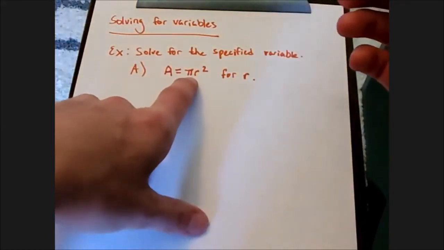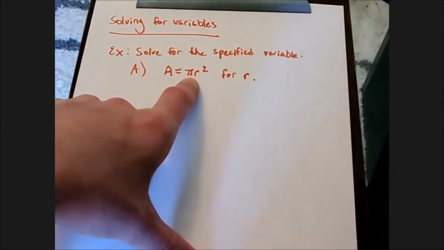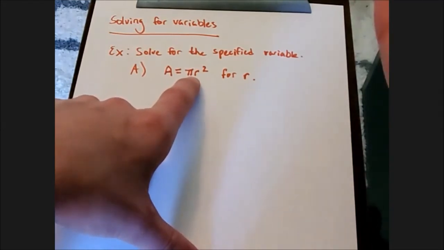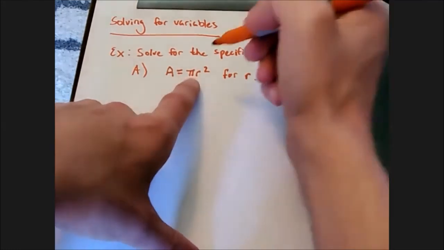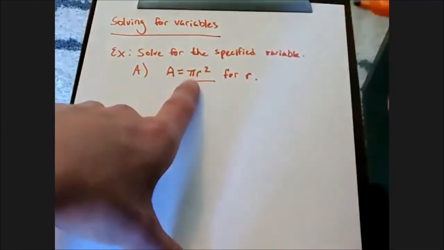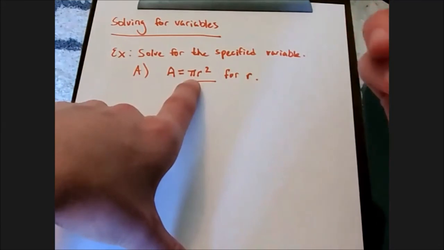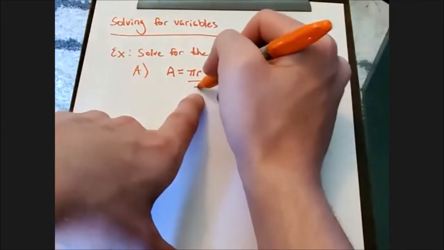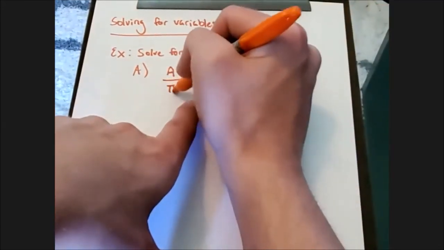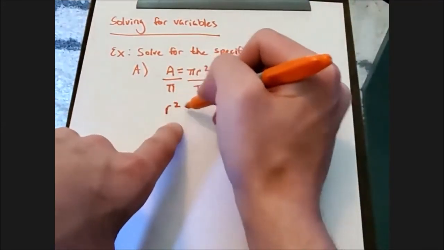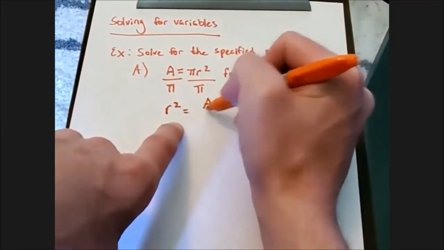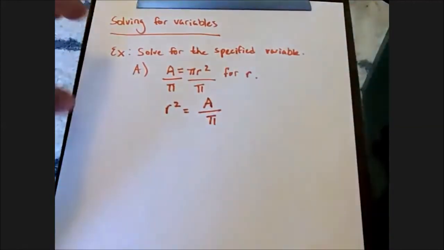Step one, just like it was in the last chapter, is to isolate the variable you are trying to solve for. That's going to require me right off the bat to move the pi. Since pi is being multiplied, I'm going to need to divide that to the other side, which leaves me r squared equals area over pi.